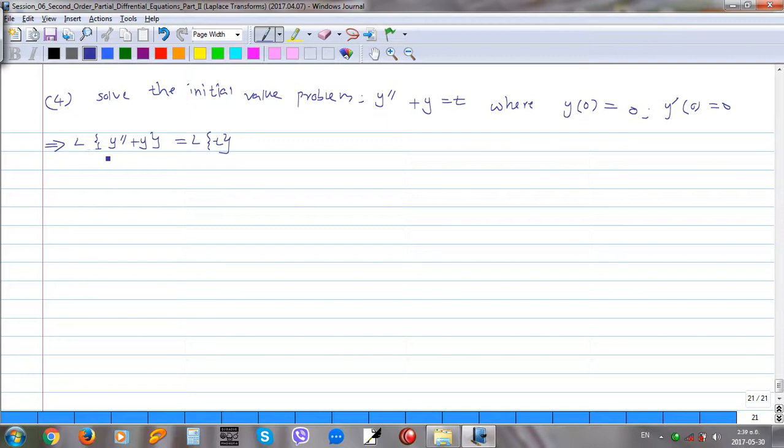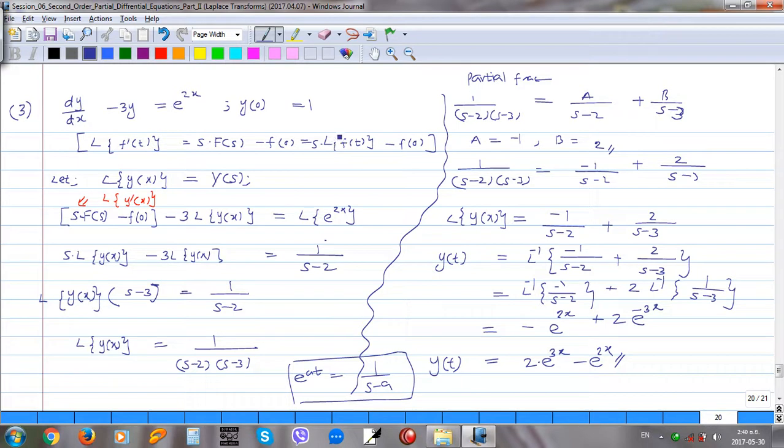Then I can apply the Laplace transformation separately: L of y double dash(t) plus L of y(t) equals L of t. L of t we know is 1 over s square, no, and for y double dash(t) according to this formula. Where is that formula? We can apply this formula.